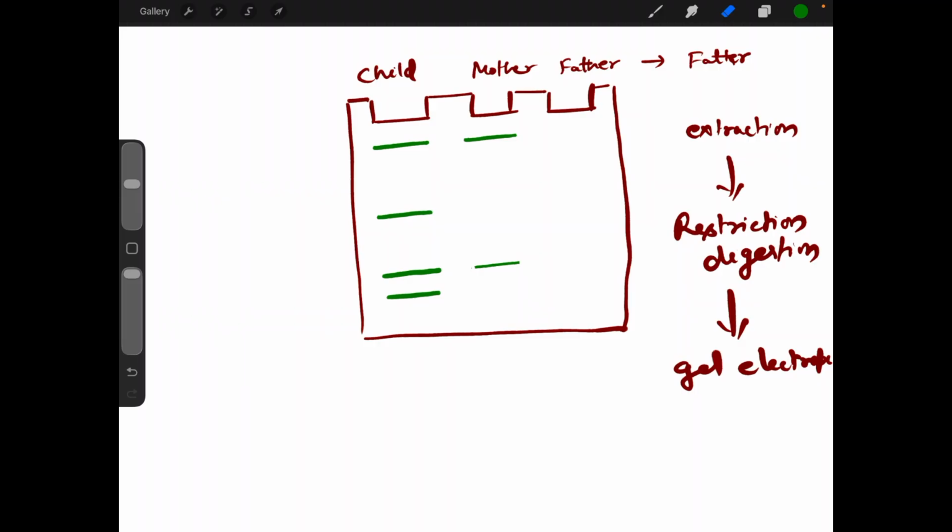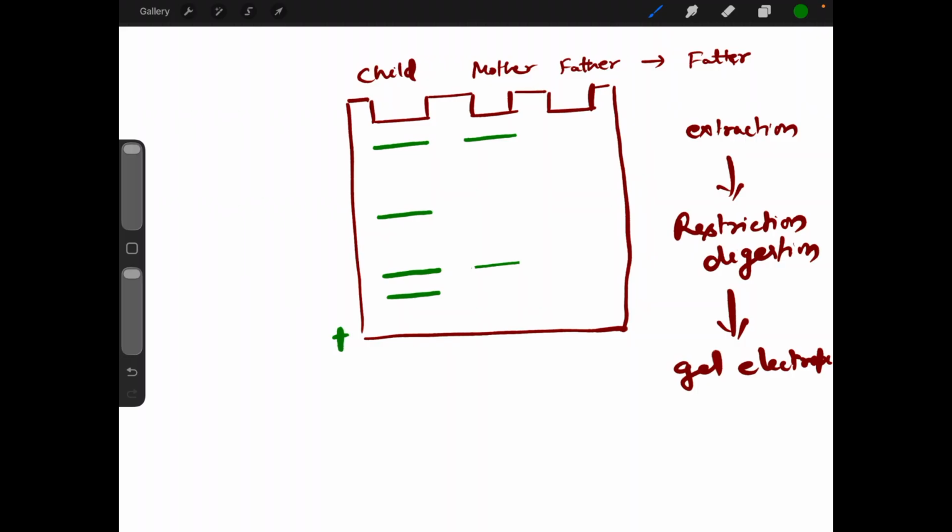One more important thing: when we place these DNA fragments in agarose gel, DNA is negatively charged, so it will move towards the positive end. That means towards the bottom of the gel.